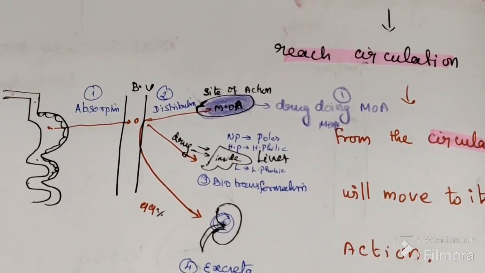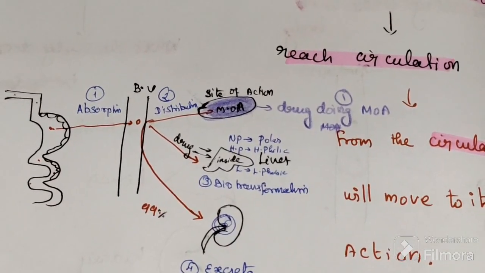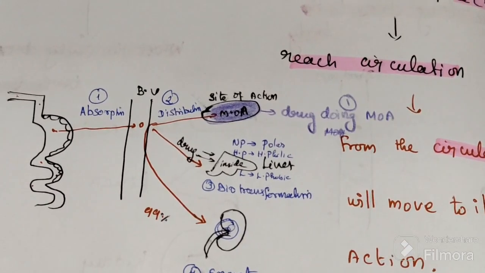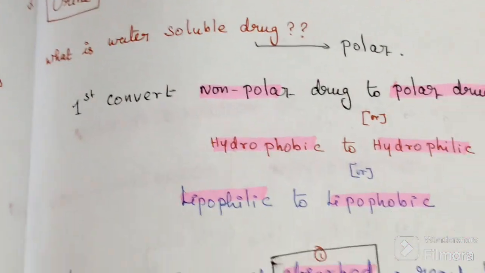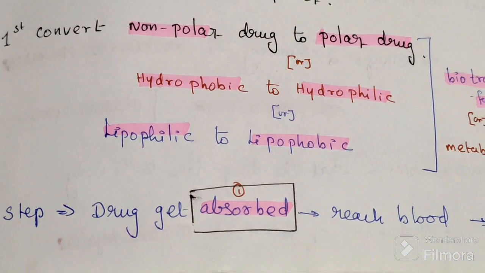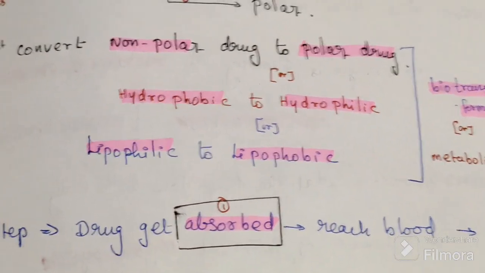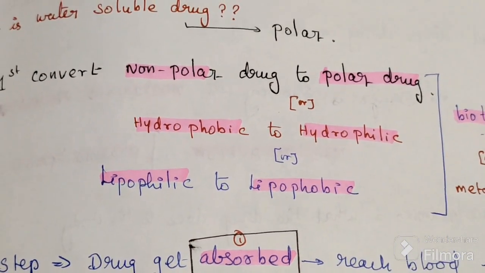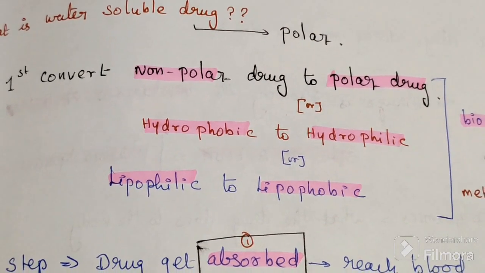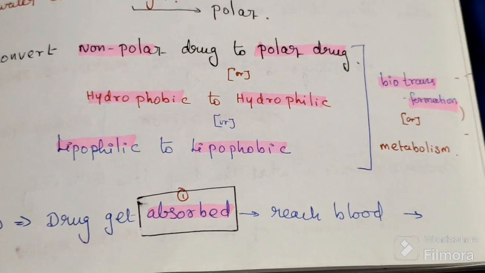We summarize what the body is doing to the drugs. First, absorbing the drugs, taking the drugs from the site of administration to circulation.